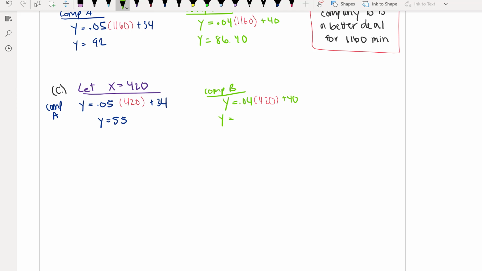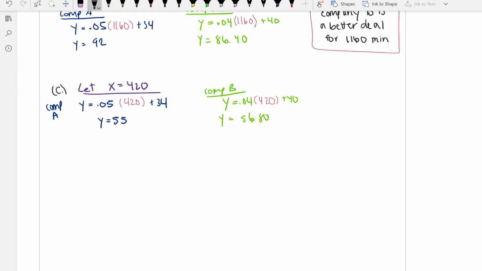So when I plug that in, my answer is going to be $56.80. So again, which would you rather pay? Would you rather pay $55 or would you rather pay $56.80? Well, hopefully you want to pay the one that's cheaper.